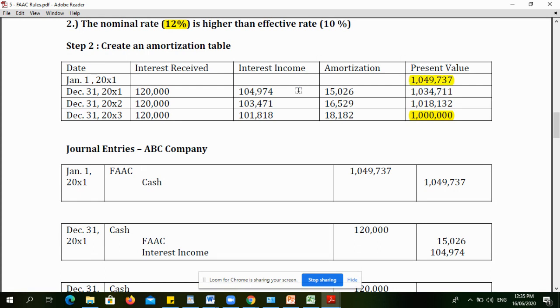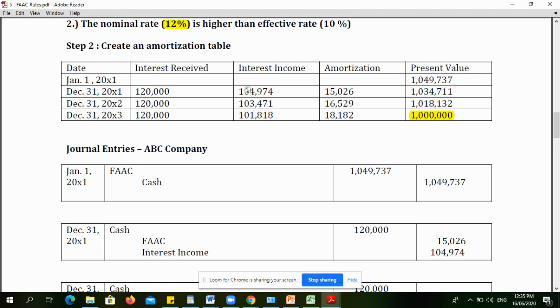Kung mapapansin nyo, mas mataas yung interest received kaysa sa interest income. So merong amortization na 15,026, which is the difference between the interest received and the interest income.